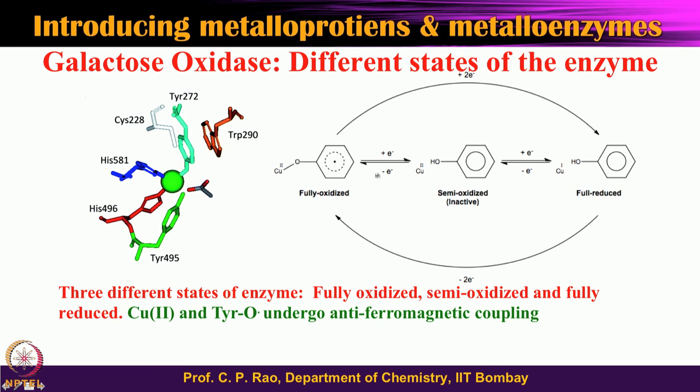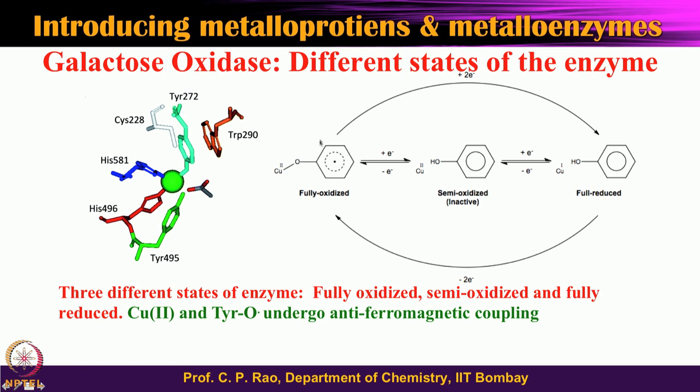Then when you add one electron, the radical will be compensated and become neutral, and therefore you have a semi reduced form. Then you add one more electron, the second electron, and that will become copper 1. So, copper 2 radical, copper 2 neutral, copper 1 neutral: fully oxidized, semi reduced, and fully reduced.